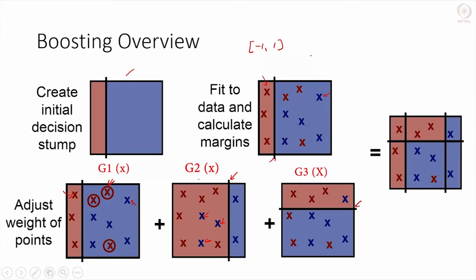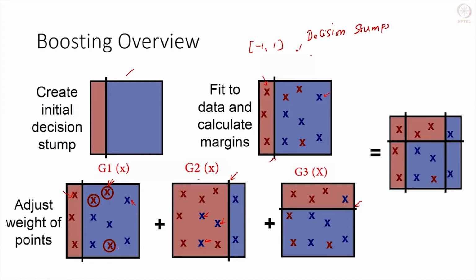Each of these classifiers G1, G2, G3 provides you a classification boundary, and based on that boundary you have a classification as -1 or 1. The points that are misclassified are accorded higher weights for the successive classifier. Most of the time these are decision stumps, as we saw earlier.